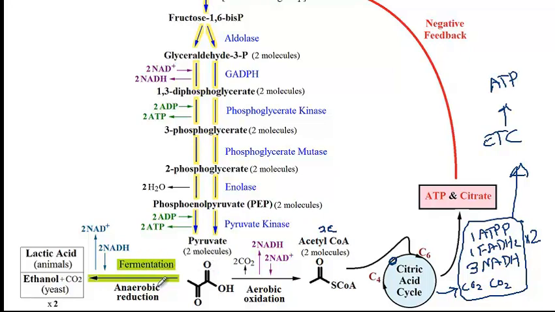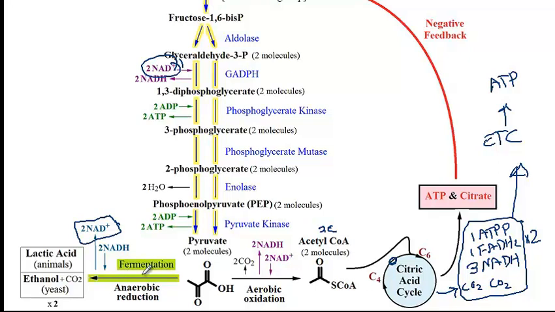And the purpose of fermentation is to produce more NAD+. So if you've noticed, all the NAD+ that we had here is being used up in the glycolysis pathway. And if we don't regenerate the NAD+, in anaerobic organisms or under hypoxic conditions, our cells cannot generate more ATP because they need NAD+ in order to get glycolysis to go through.